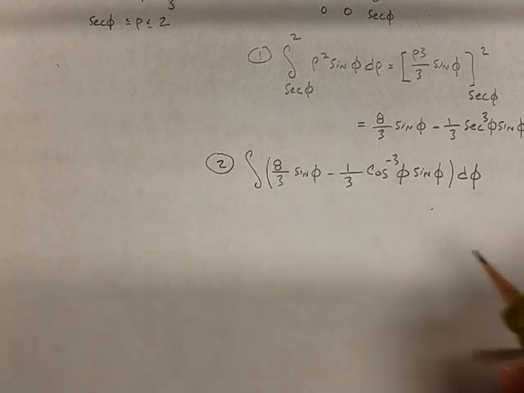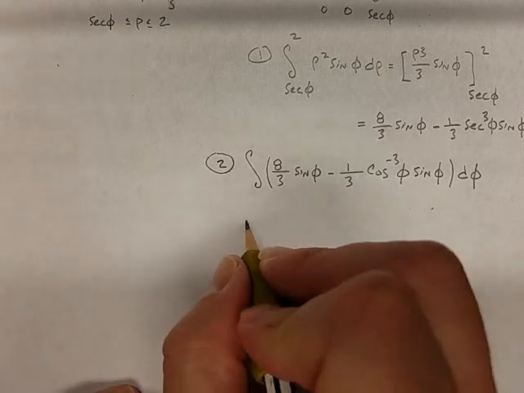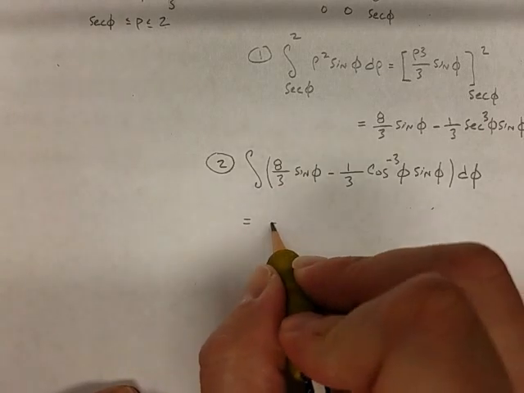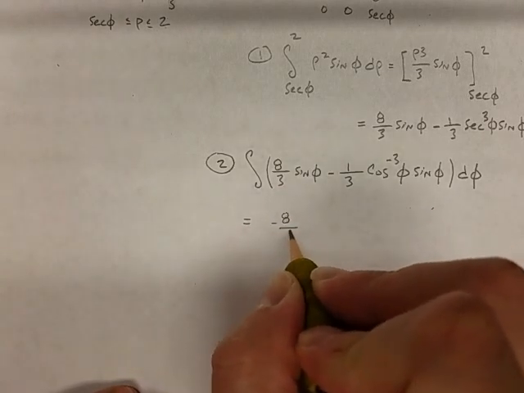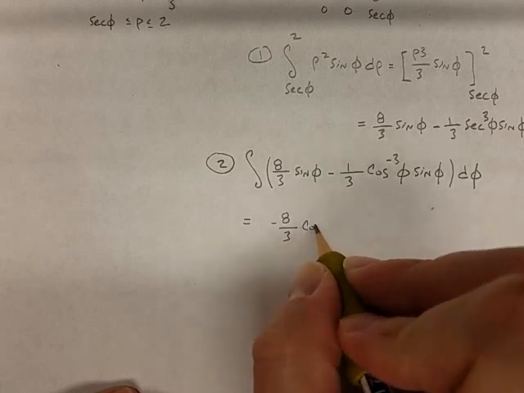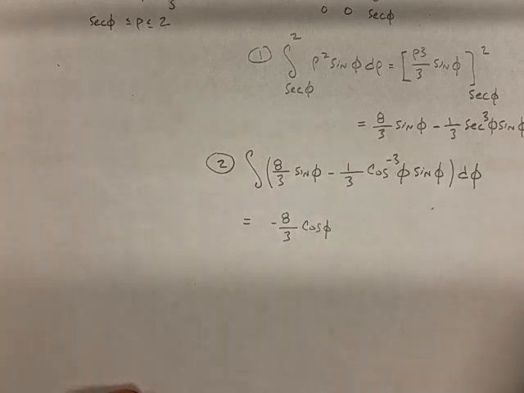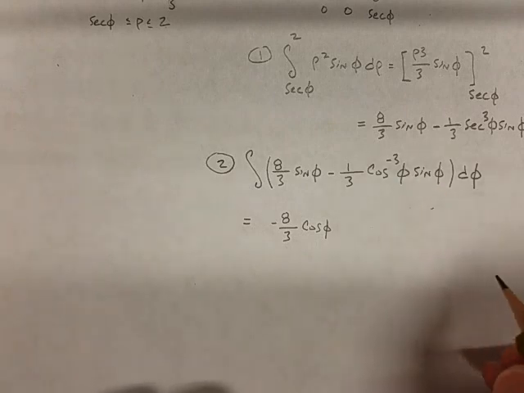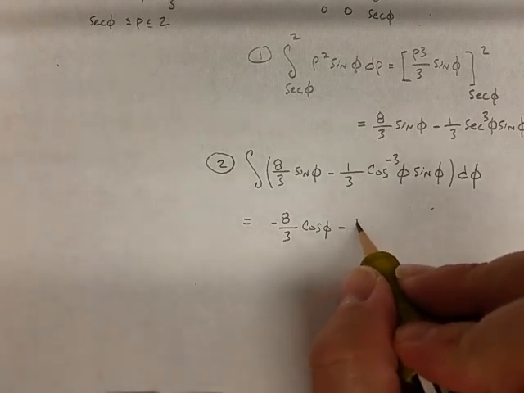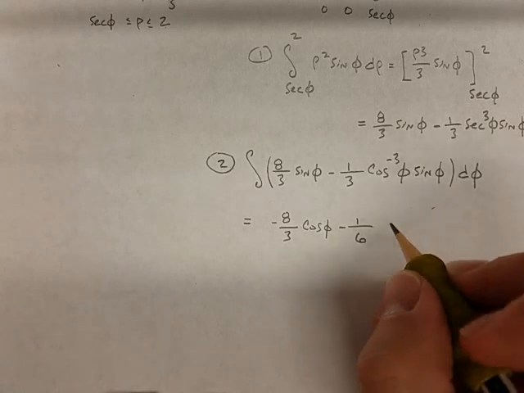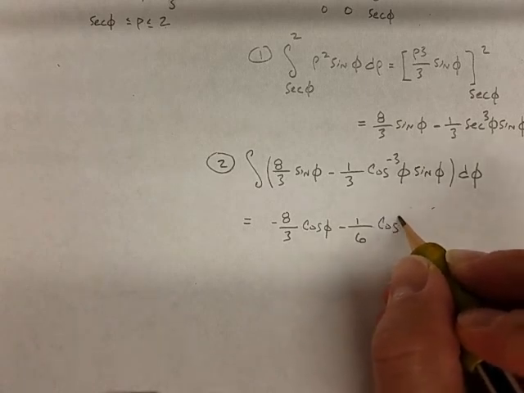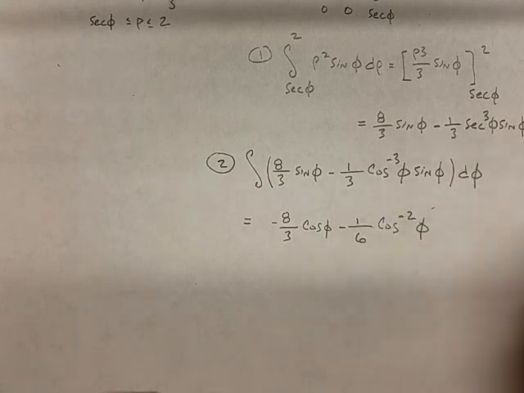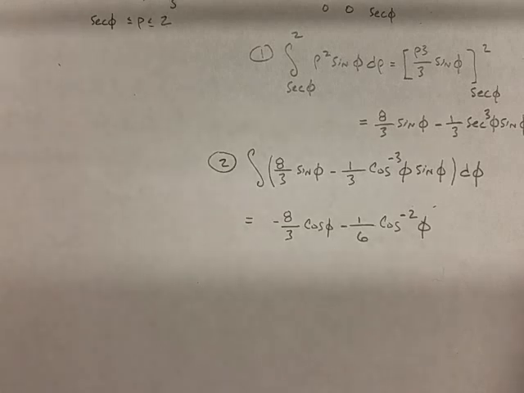So that's u substitution, which we've seen so many times before, and this isn't even that hard. Antiderivative of sine is minus cosine. So here's what we get. Negative 8/3 cosine phi. And if we carry through with that u substitution as I described, we'll get negative 1/6 cosine to the minus 2 phi, like that.